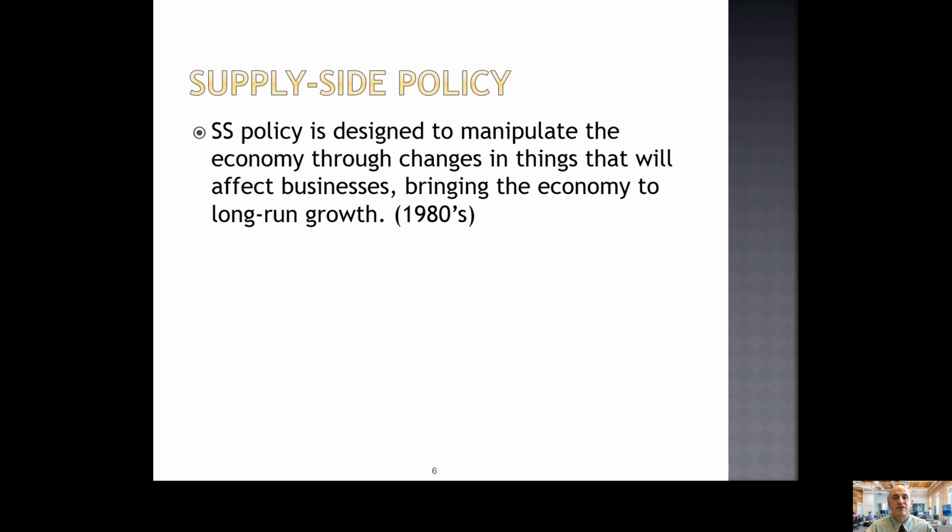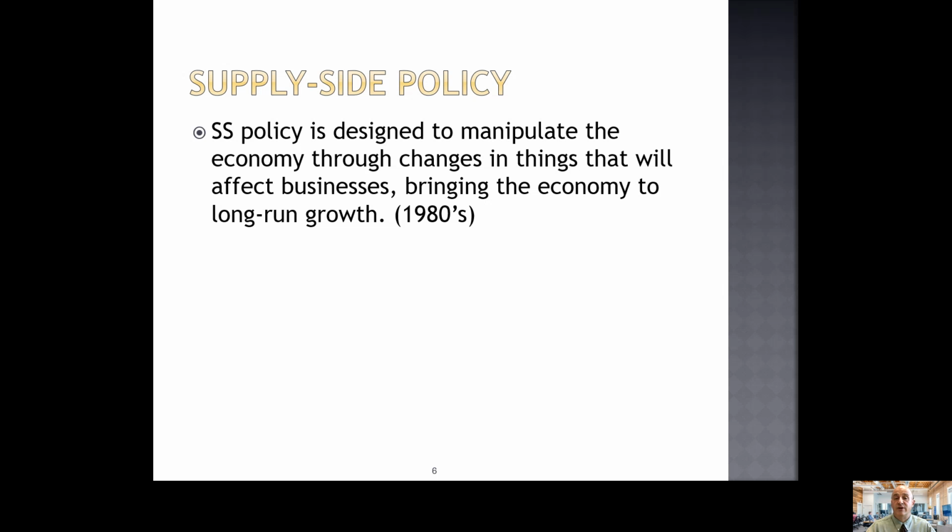The theory had some challenges beginning in the 1970s. And in the 1970s, a different school of thought became prevalent called supply-side economics. Supply-side policy essentially said that the government needed to focus on things to help the businesses out during a recession instead of helping the consumers out during a recession.